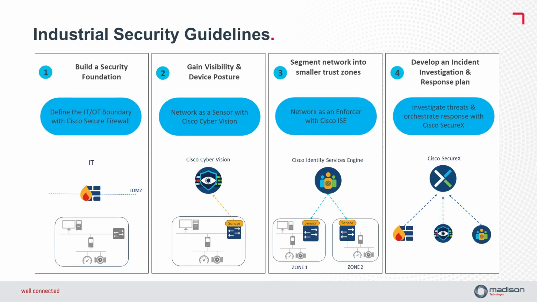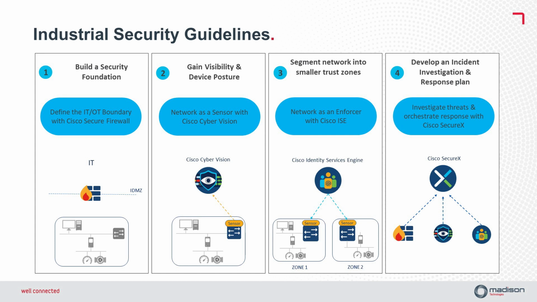Finally, Cisco emphasizes the importance of securing the infrastructure through solutions like Cisco CyberVision and ICE. Ensuring the resiliency and safety of the grid is a top priority. Now, how do we do that? The first step is to define the IT and OT boundary with the Cisco Firewall. Once the IT and OT boundary is defined, use Cisco CyberVision to find out what needs to be protected.